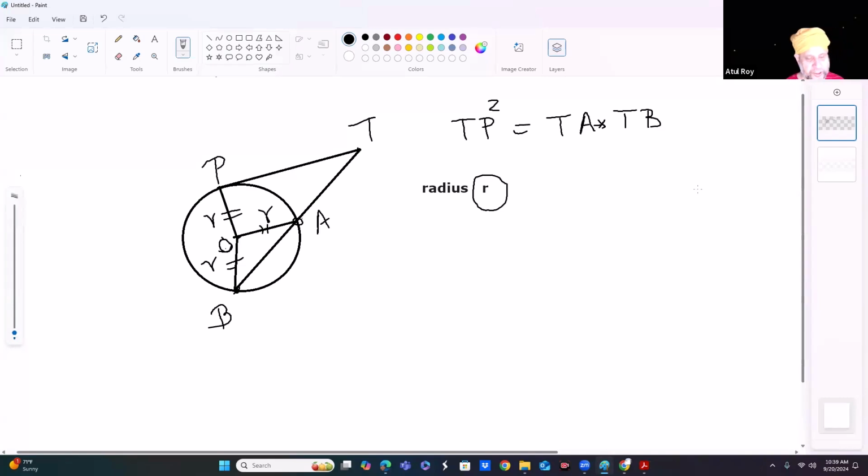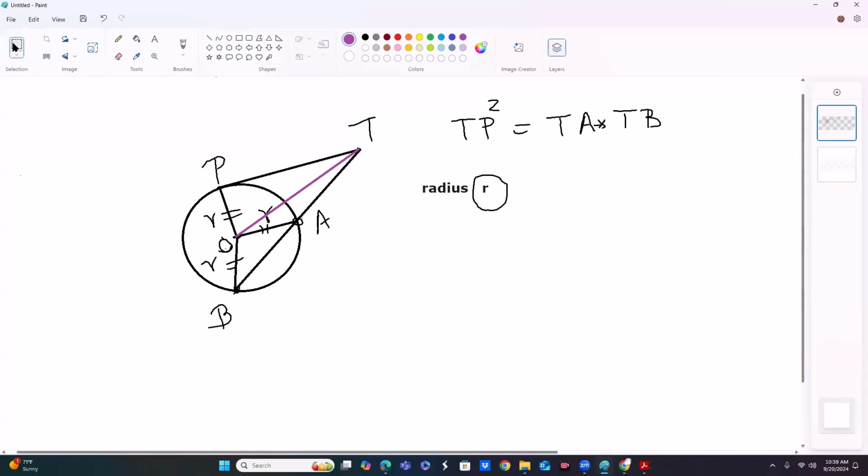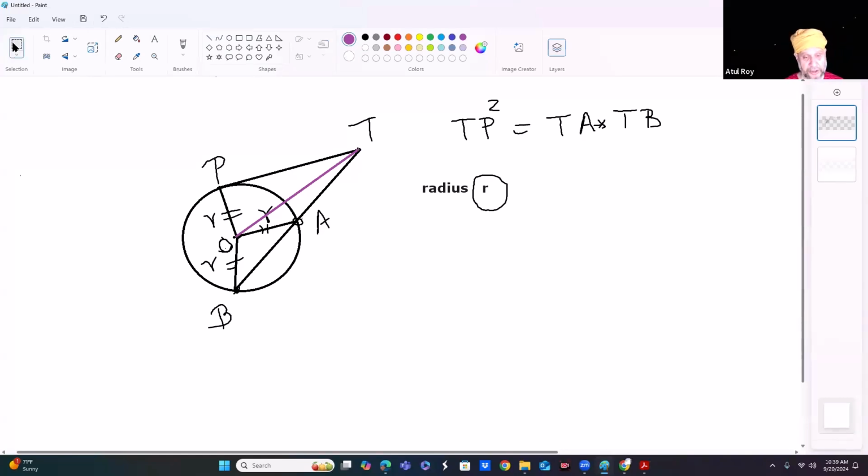And while trying to connect these, let me make another connection, whatever connection I can think of. Another connection that I'm making is this one, connecting these two here. And what we have to do is arrive at this thing.